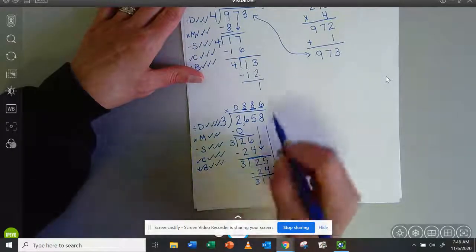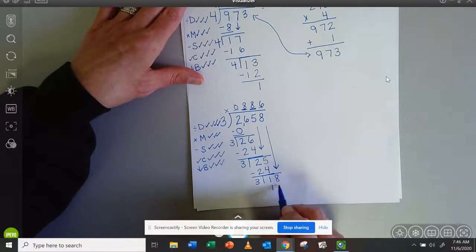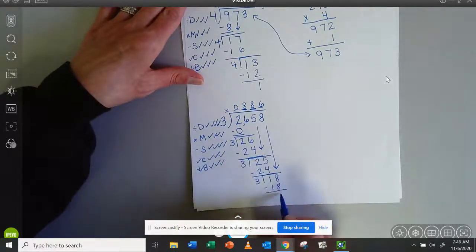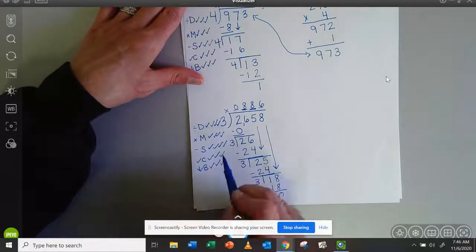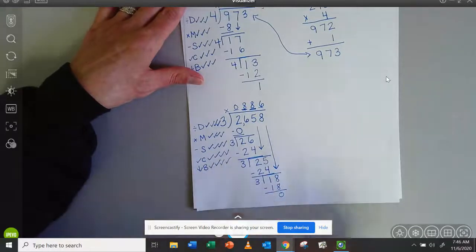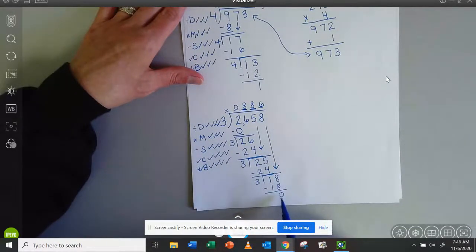Now I'm going to multiply. 6 times 3 is 18. Now I'm going to subtract. And I'm going to check, is 0 less than 3? Yes, it is. There's nothing left to bring down. And in this case, I don't have a remainder. I wouldn't write remainder 0. I just subtracted and got 0. So that is the end of my problem.